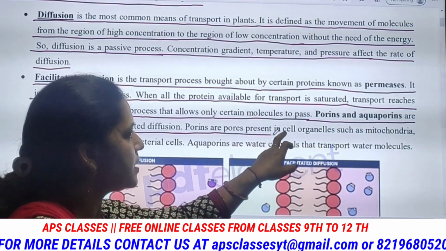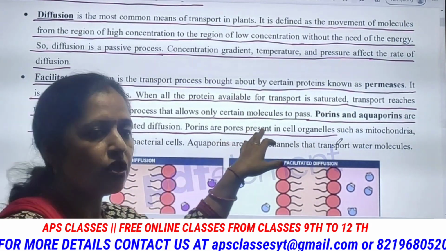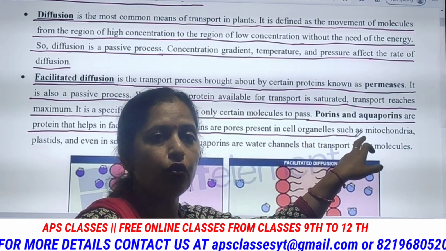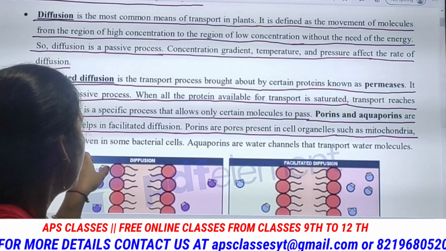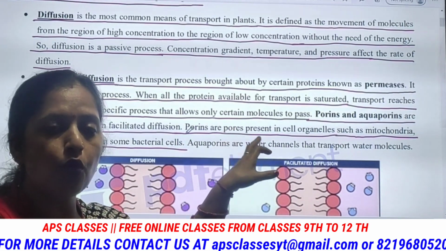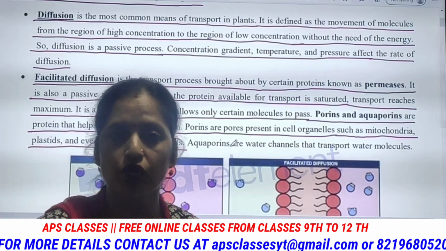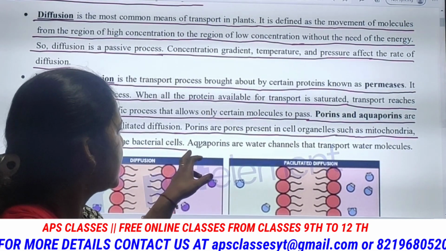Porins are pores present in cell organelles, such as mitochondria, plastids and even in some bacterial cells. So porins are pores present in certain types of cell organelles such as mitochondria, plastids and certain types of bacterial cells.